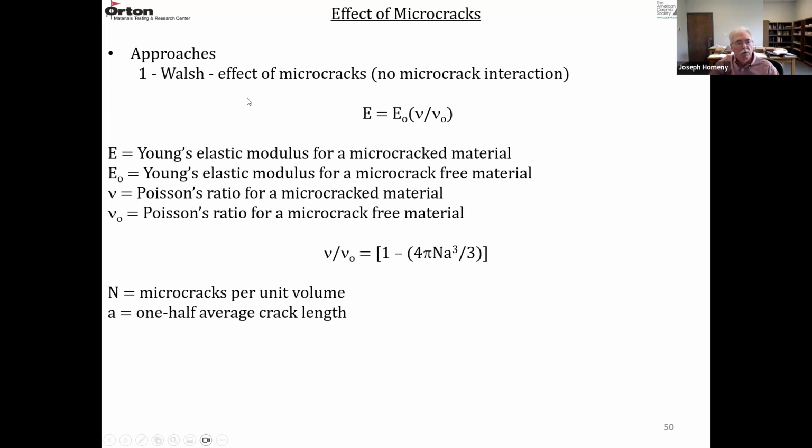In this equation, he describes the effect of the microcracks, but he assumes there's no microcrack interactions. None of the microcracks are linking up and forming larger cracks.